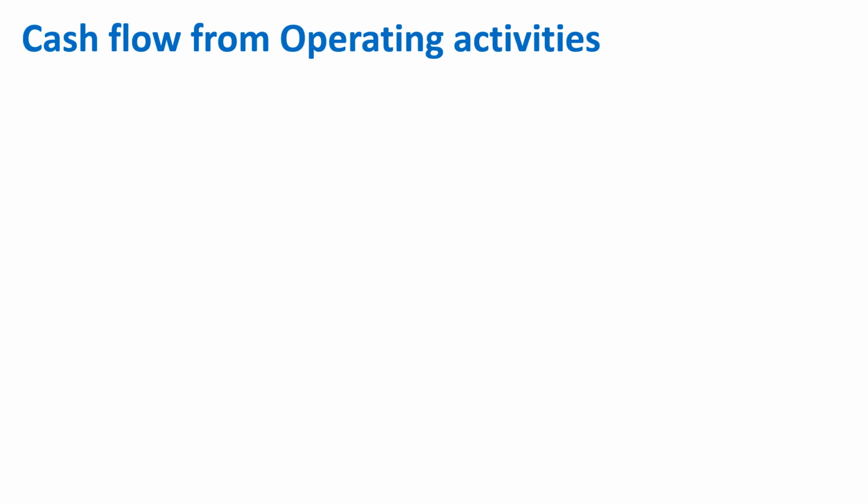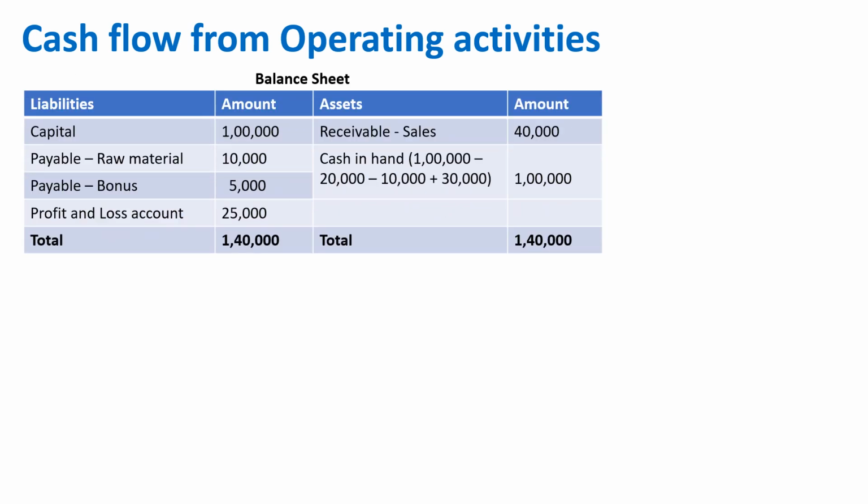On the balance sheet side, you can see that there is a capital of 1 lakh rupees which he invested in the business. Payable raw material 10,000, which was purchased on credit. Payable bonus 5,000, which was not paid to the employee. Profit and loss of 25,000 rupees, which was earned during the period, is part of the capital here, on the liability side.